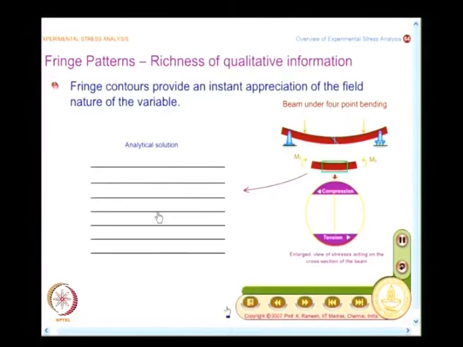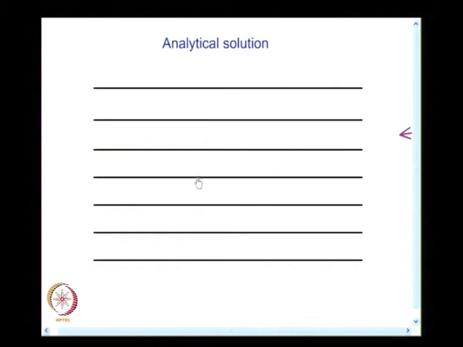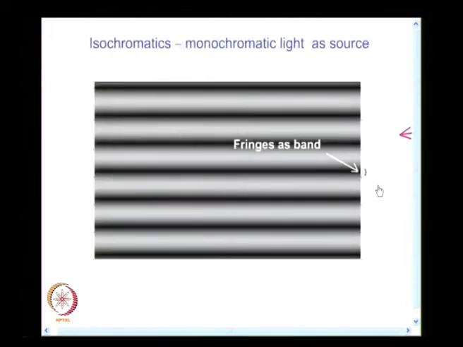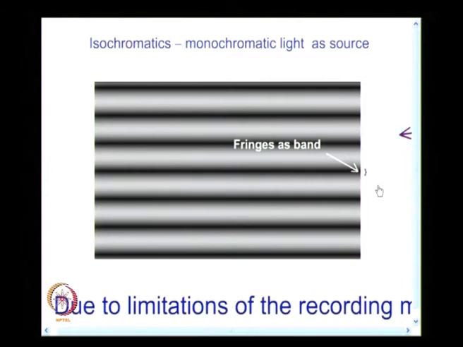And now, let me look at an experiment, what does it give? I will also magnify this picture, and you have this as an analytical solution. Now, what I do is I take a model, put it in an optical setup and find out what the contours look like. I do not get straight lines as thin as possible, I get only a band, I get essentially straight bands. So, this result matches with what you have seen in the analytical solution, with a difference.